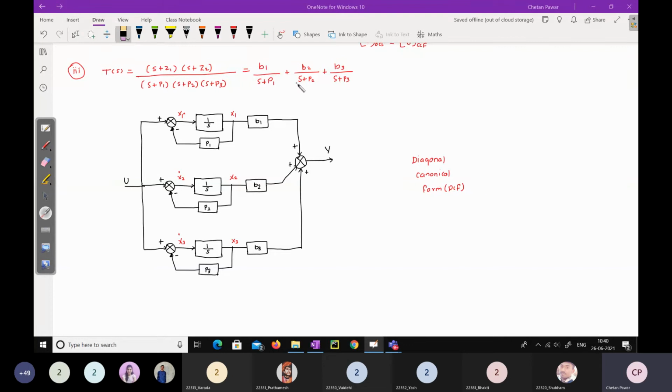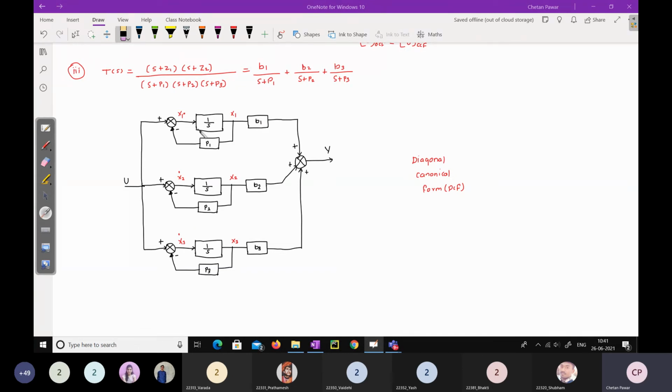Now if you want to represent this using a block diagram, this is the x1 term, this is the x2 term and this is the x3 term. So in the diagonal canonical form, if the transfer function is given, you need to apply partial fraction to it, so that you can modify the transfer function like this. And this will be the block diagram representation for it.